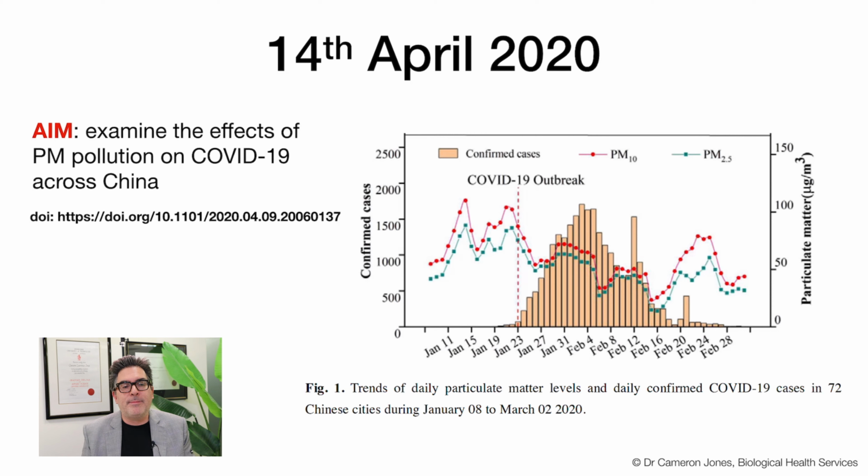The first paper from April 14th was looking at the effects of particulate matter pollution on COVID-19 across China. In their figure 1 trends, they're showing the relationship between the large particles, the PM10, and the fine particles across different dates from early January right through to late February 2020.